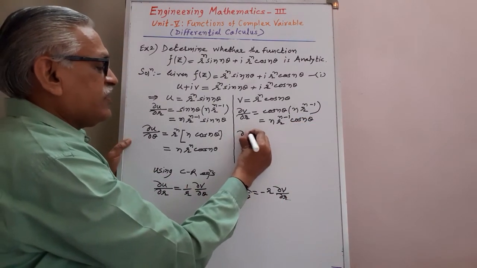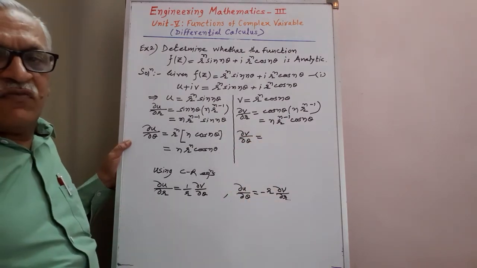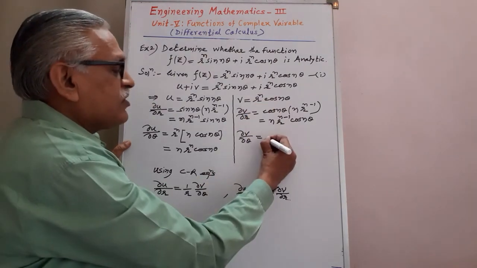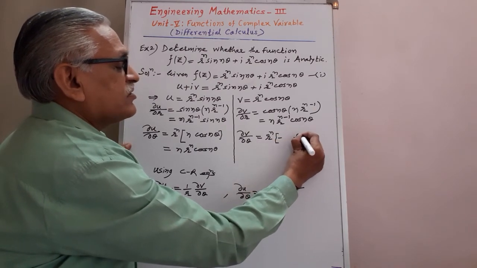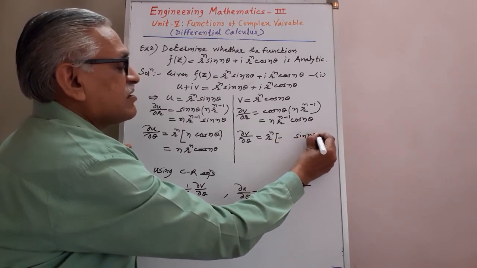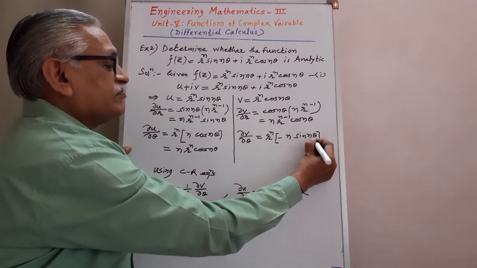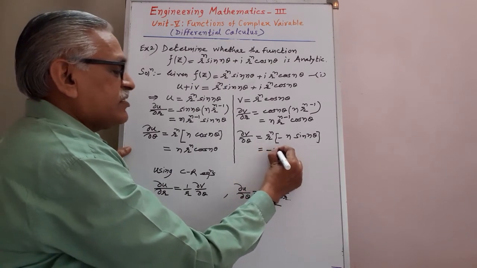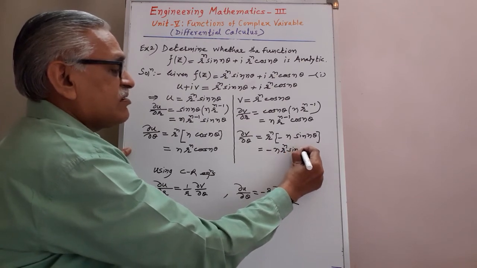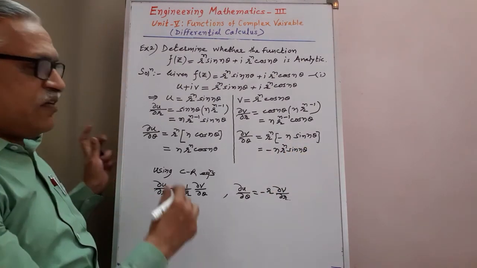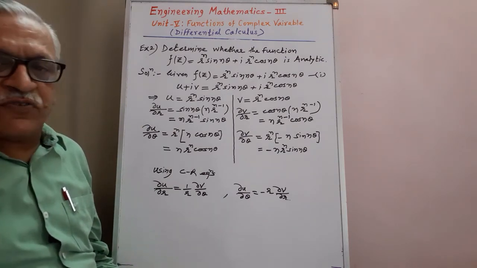Then differentiating v with respect to theta, this time we have to keep r as a constant term, and therefore r raised to n is constant term. Derivative of cos is minus sine of n theta, and chain rule, derivative of n theta with respect to theta is n, and that is equals to minus n r raised to n sine of n theta. I have obtained all the 4 required partial derivatives.